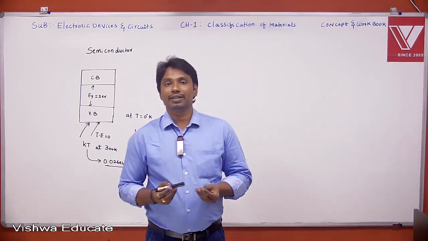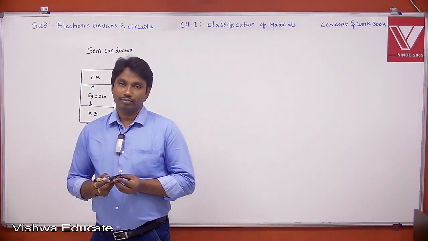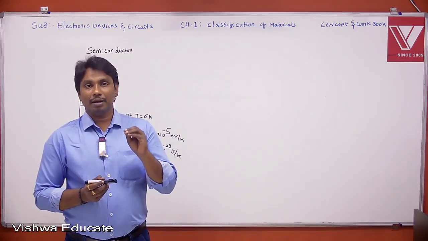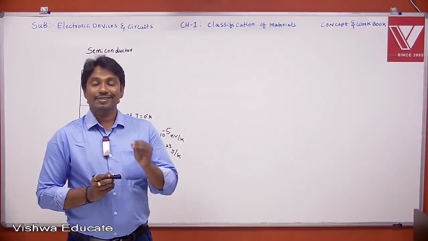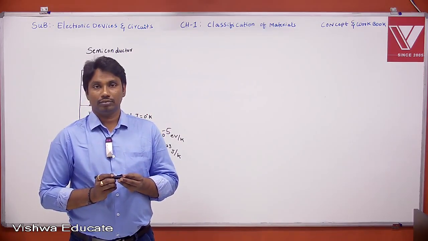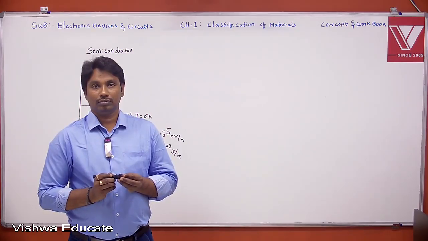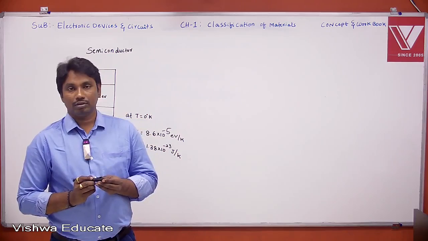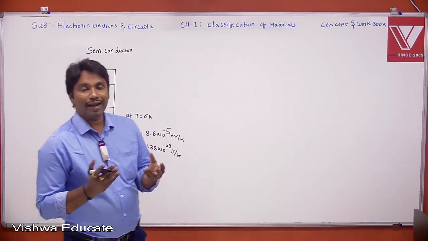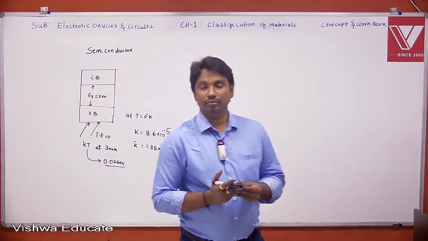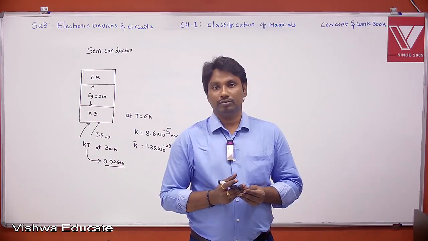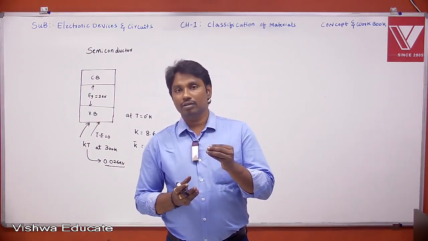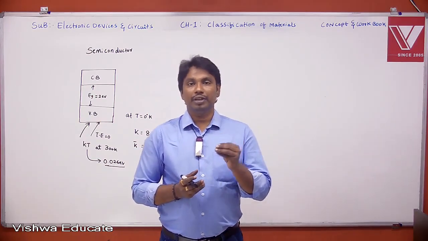At T equal to 0 degrees Kelvin, the thermal energy supplied to the valence electrons is 0, due to which no electron moves from valency band to conduction band, and the conduction band is empty.